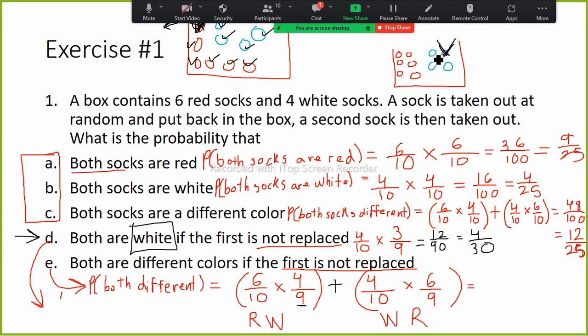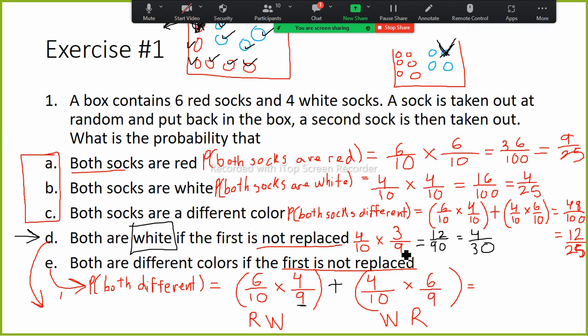Now, how many white socks are we left with? Just 3. So it's going to be 3 white socks and 9 socks in general. That's why it's 4 over 10 times 3 over 9. So does that make sense to you, Sierra, or should I explain it again? Yes, sir. I got it. All right, good. Now, Deja, does that make sense to you or do I need to explain that again?